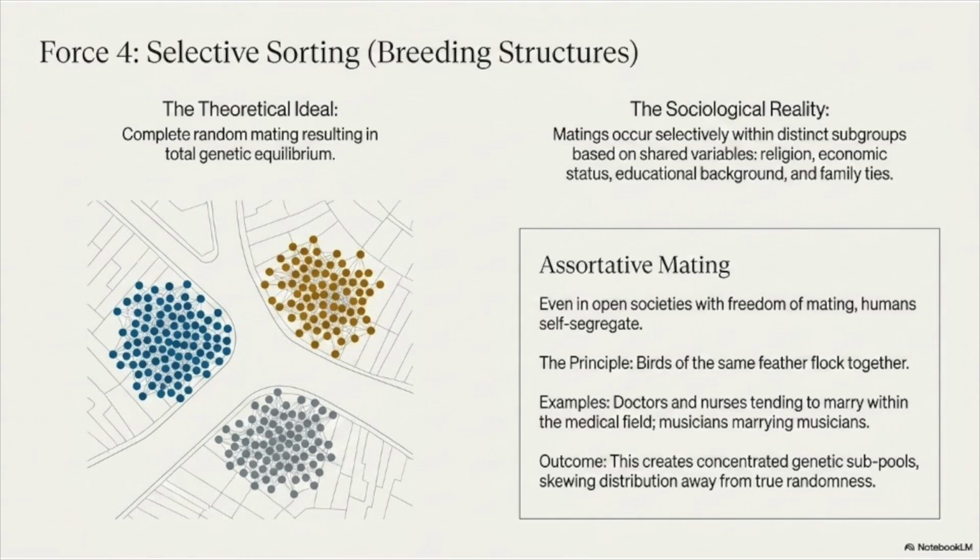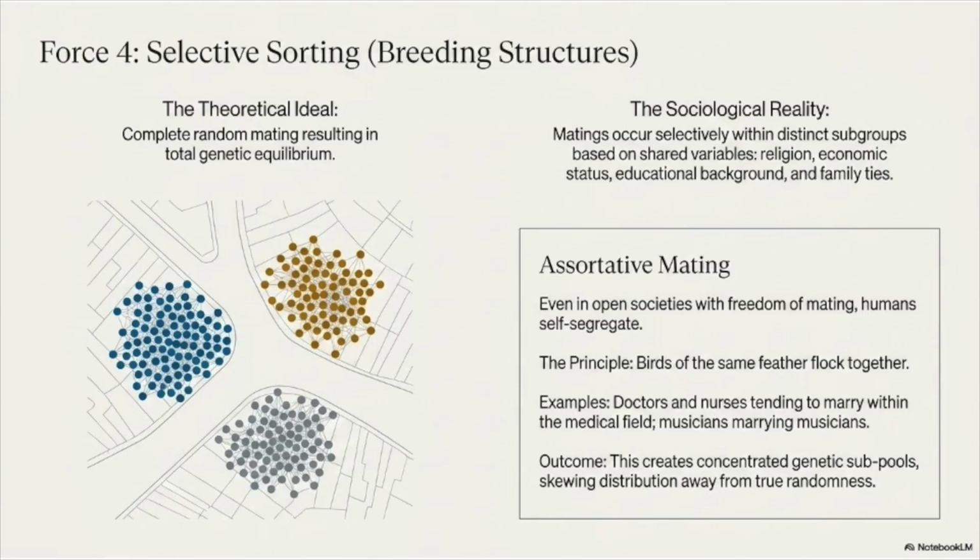The fourth force is selective sorting through breeding structures. The theoretical ideal assumes complete random mating, resulting in total genetic equilibrium, but the sociological reality is very different. Matings occur selectively within distinct subgroups based on shared variables like religion, economic status, educational background, and family ties. This phenomenon is known as assortative mating.